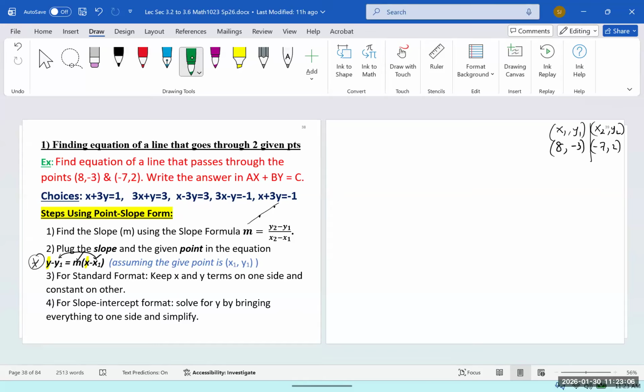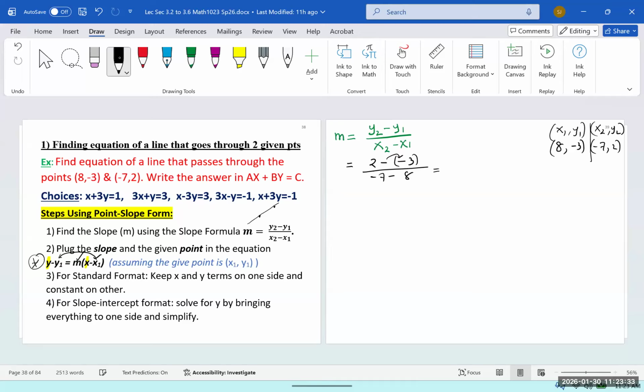So step 1, the slope, which is y2 minus y1 over x2 minus x1. So y2 is 2, we are subtracting -3. Our x2 is -7, we are subtracting 8.